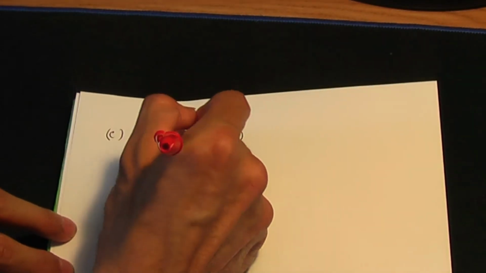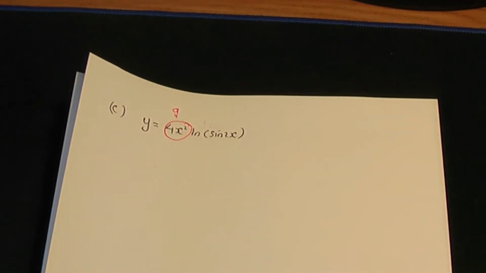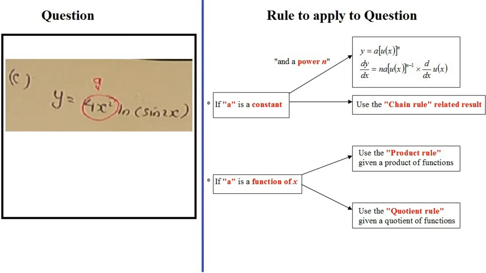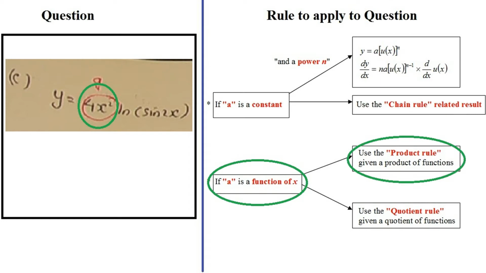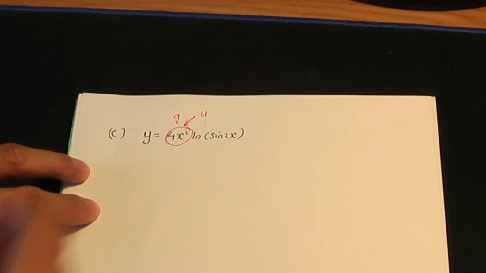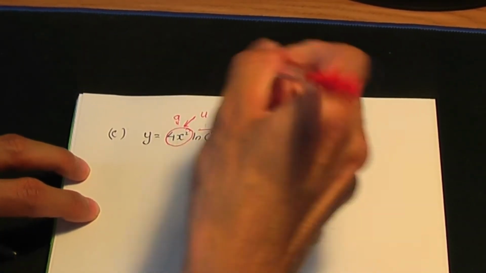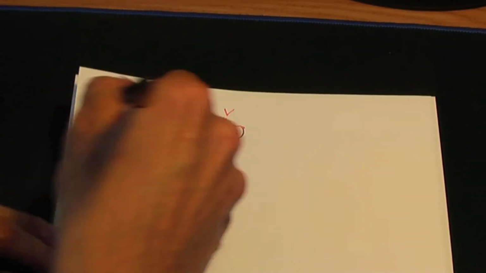So the term in front of ln, the function, is 4x squared. That's our a, so to speak. Our term a is not a constant, it's a function of x. So that means we're going to use the product rule over here, since we have a product of two functions. I'm going to take that 4x squared term to be u, and the remaining term to be v.